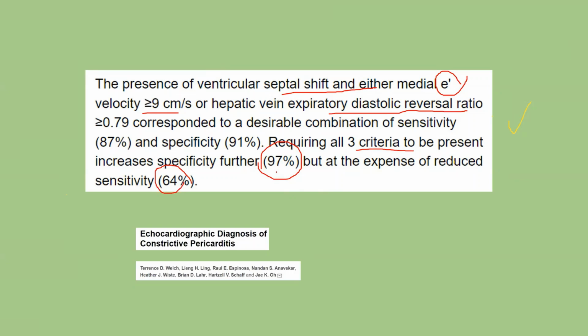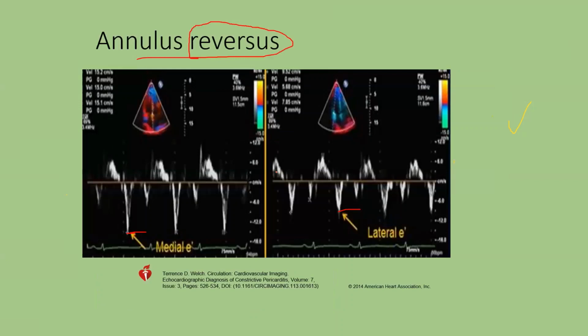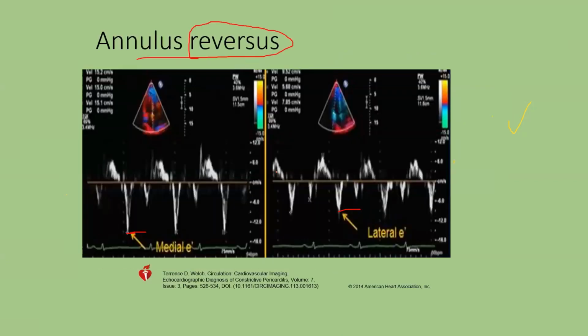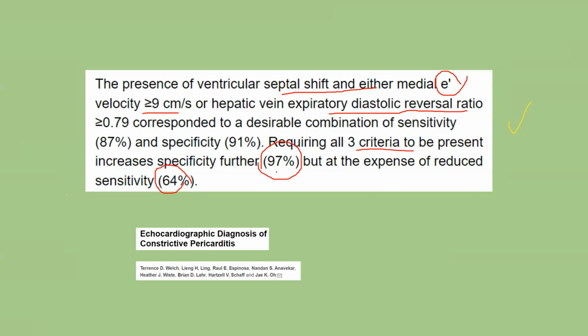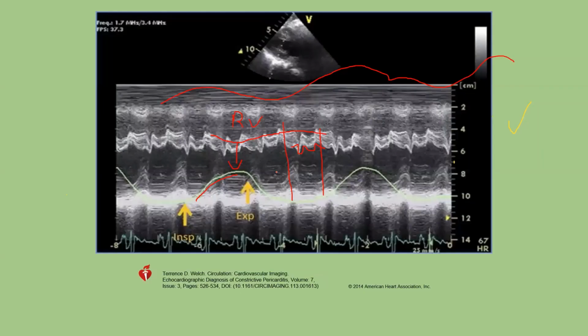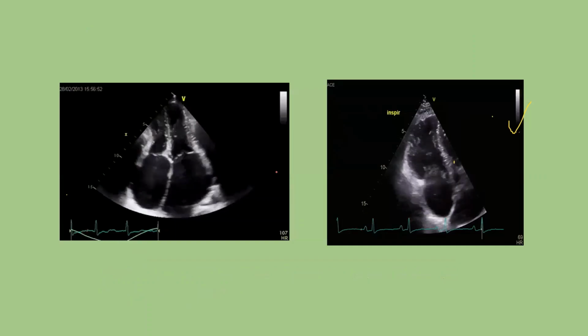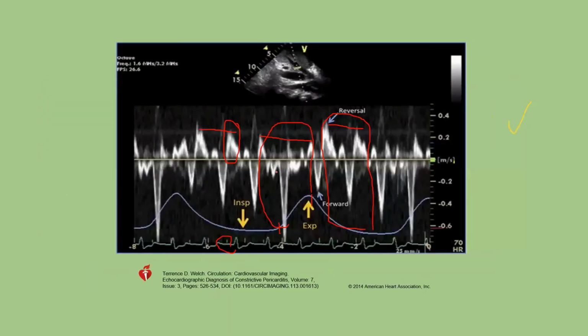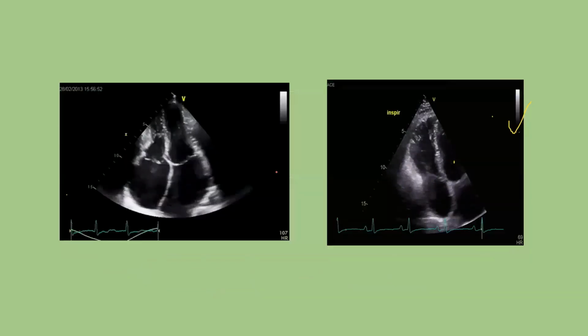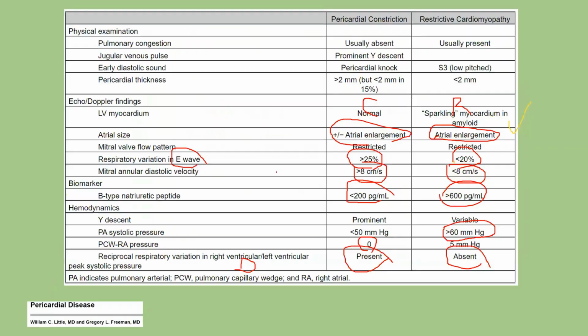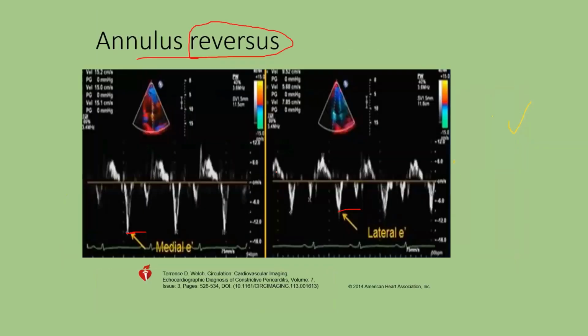Septal bounce, this one, 1, 2. This one, 3. See? If you demonstrate these three signs: 1, diastolic flow reversal increase during expiration; 2, septal bounce; 3, annulus reversus.